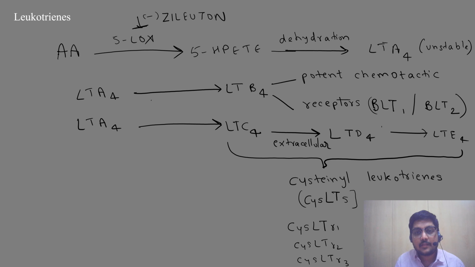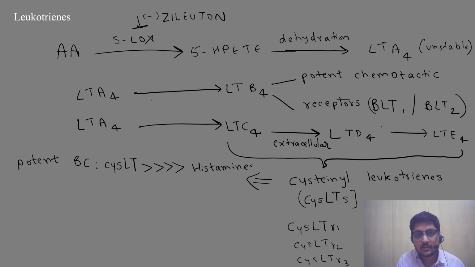What is the function of LTC4, D4, E4, that is the cysteinyl leukotrienes? These are highly potent bronchoconstrictors. If we compare the potency of bronchoconstriction, these are highly powerful bronchoconstrictors when compared to histamine.